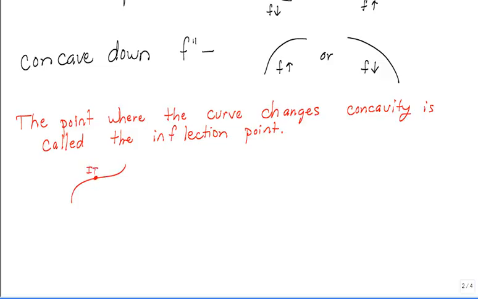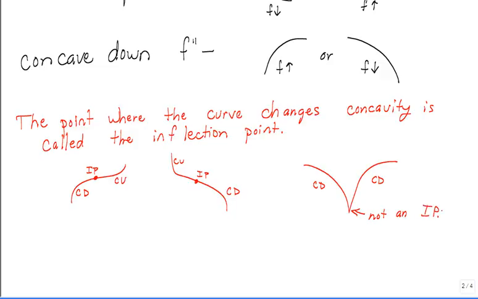That's an inflection point because here it's concave down, concave up, inflection point, concave up, concave down. This is concave down. This is concave down. It doesn't change. That's not an inflection point. It has to change concavity around that point to be called an inflection point.